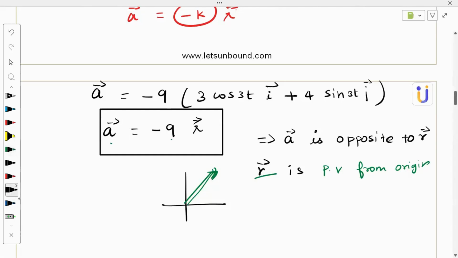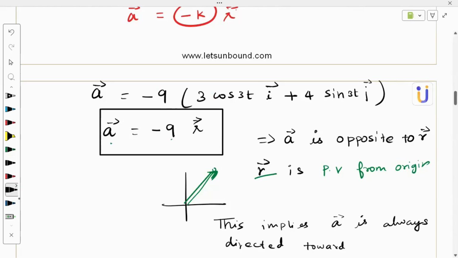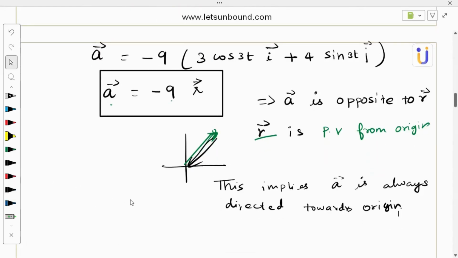So this implies the A vector is always, we don't have any conditions applied here, it holds for every value of t, so always directed towards the origin. Right. And that's simple. We have proved this part.